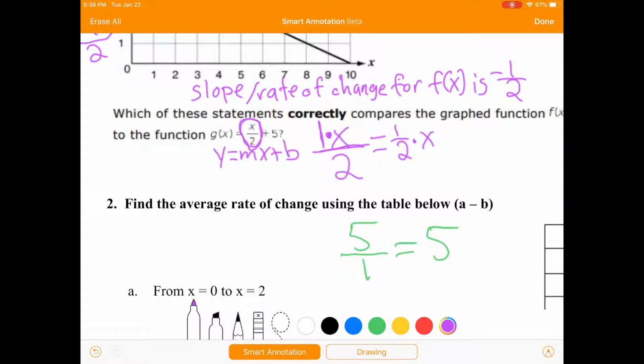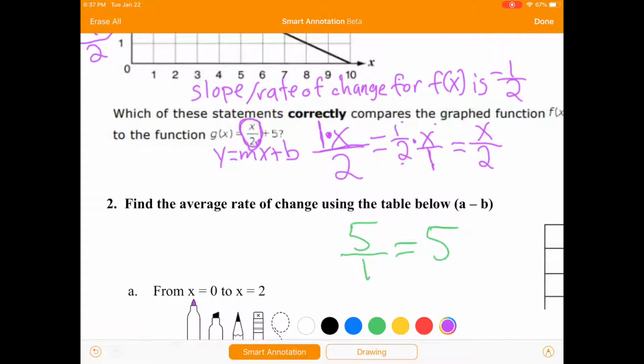So the reason why 1/2 times x is the same thing as x divided by 2 is because we can put an understood 1 underneath this x and get the same thing we started with over here. So 1 times x gives me x, and 2 times 1 gives me 2.